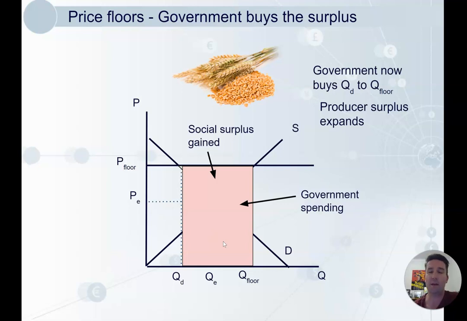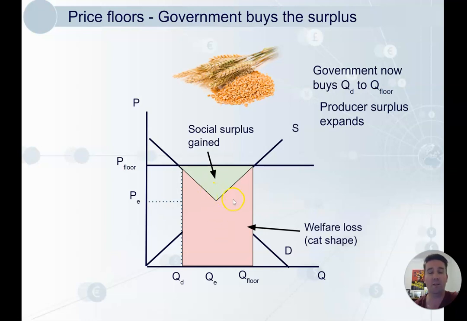What that means is that the welfare loss is actually this huge pink area here. It looks like a cat's head, was how it was described to me by a Year 12 student a couple of years ago. You get this extra social surplus, but to do it, you have all this spending. Only this part of social surplus is paid for by the spending. The rest is just wasted. It's a waste of government resources.